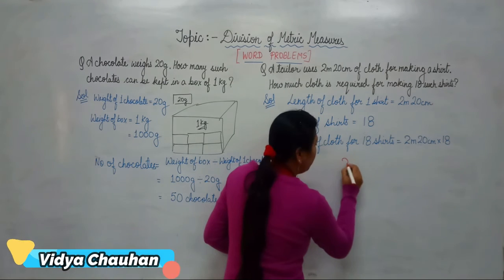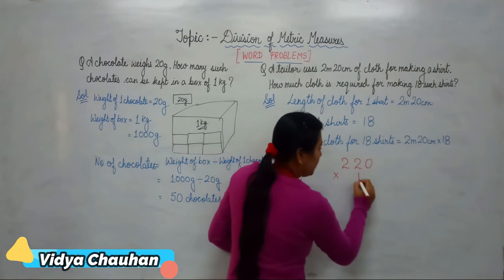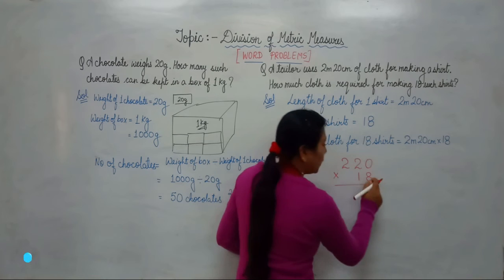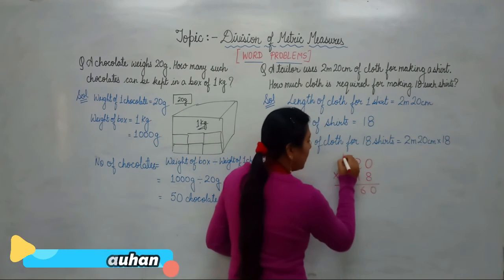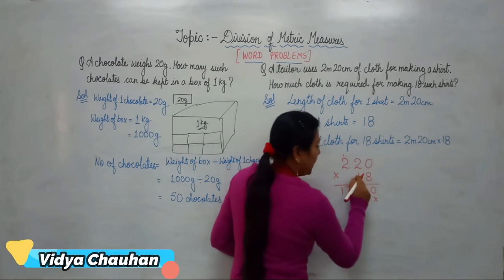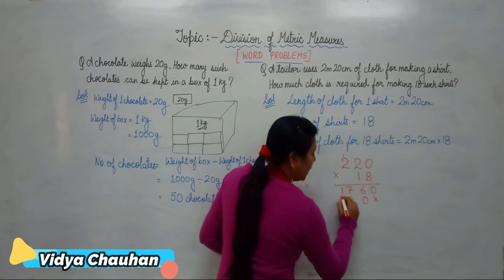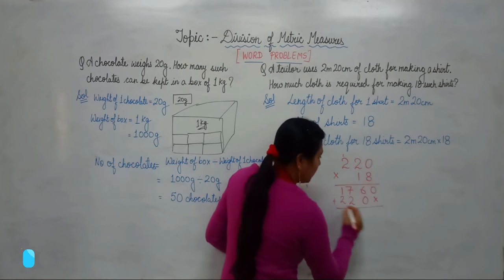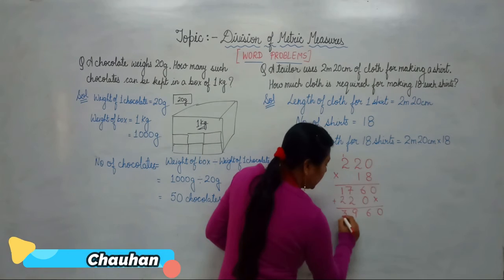In multiplication, we will write the value 220 multiplied by 18. 8 zeros are 0, 8 twos are 16, a carry, 8 twos are 16 plus 1, 17. Then next line, 1 zeros are 0, 1 twos are 2, 1 twos are 2. Adding up the values, you will get 0, 6, 9 and 3.